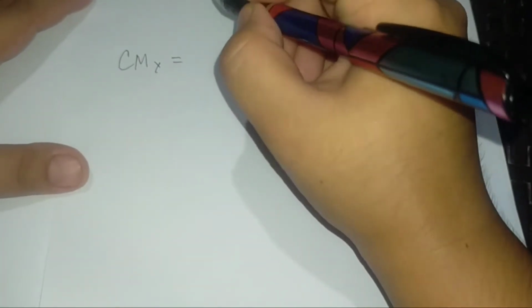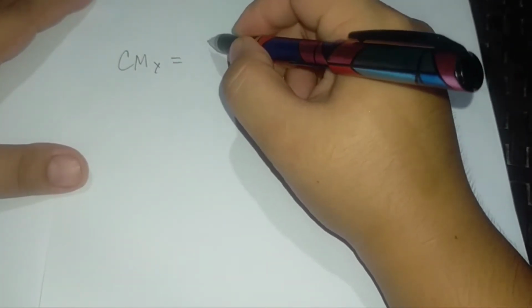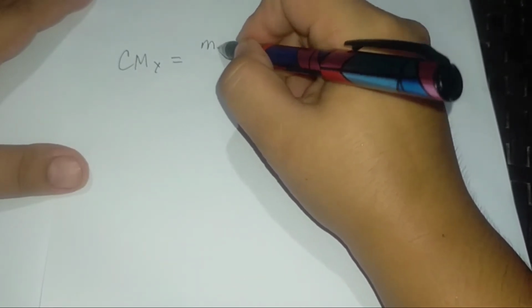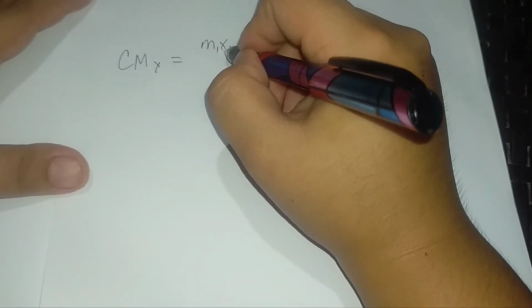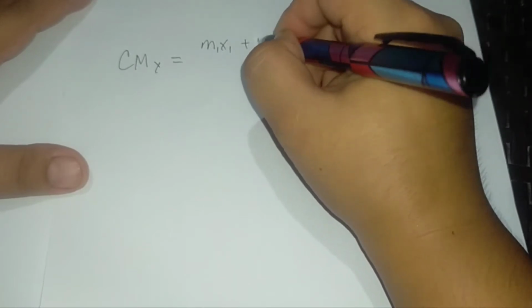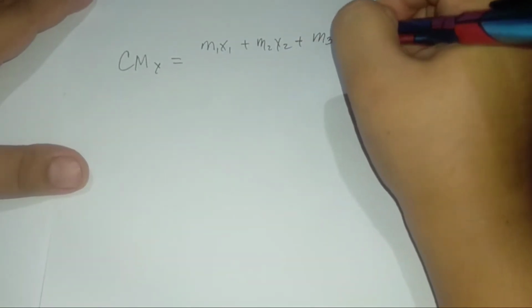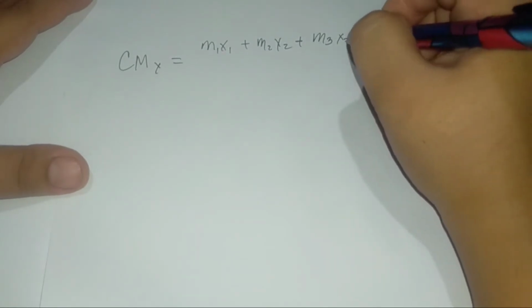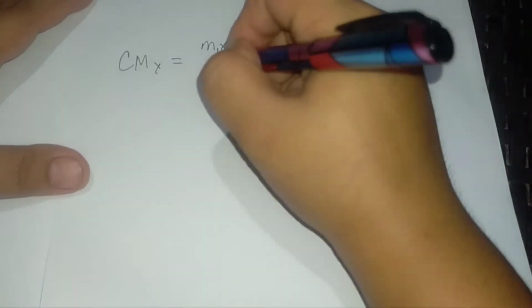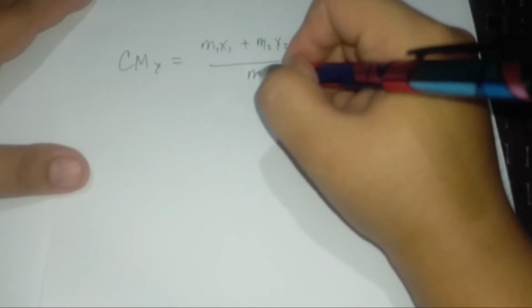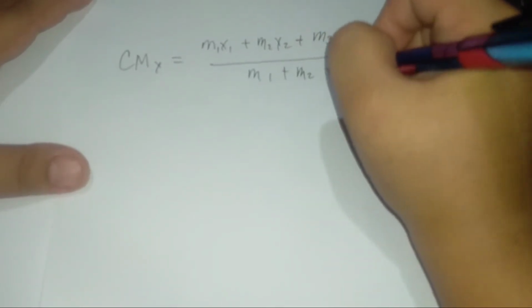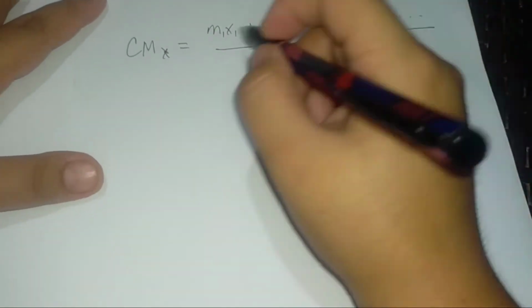For the center of mass along the X axis, the formula that we are going to use is mass 1 multiplied by position 1, plus mass 2 multiplied by position 2, plus mass 3 multiplied by position 3, and so on, divided by the sum of their masses. That is the position of the center of mass.